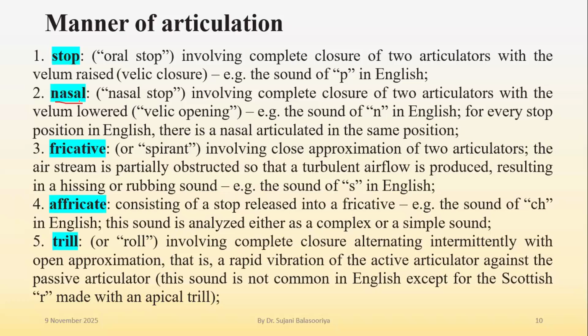But there's a little bit of difference between oral stop and nasal stop. In the production of oral stops, the airstream enters the oral tract, and after that it is completely stopped. But in the production of nasal stops, the airstream enters the nasal tract.